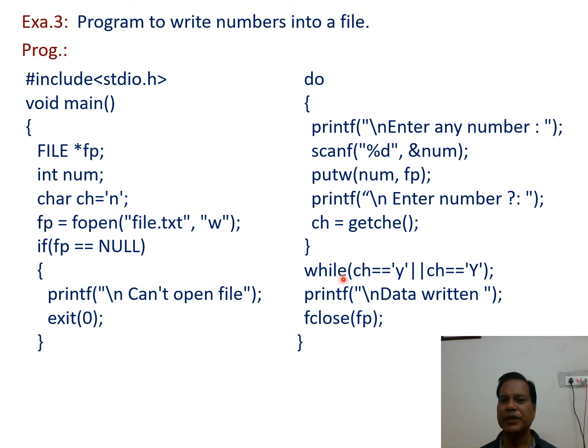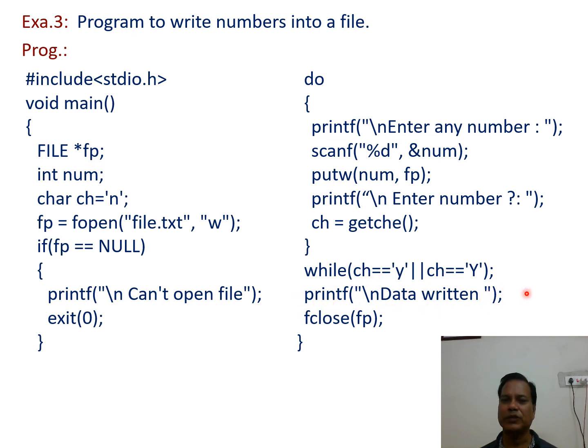Then the condition is tested: while ch is equal to lowercase y or ch is equal to capital Y. If the condition is true, then another number is entered. If this condition becomes false, then control comes out of the do while loop.